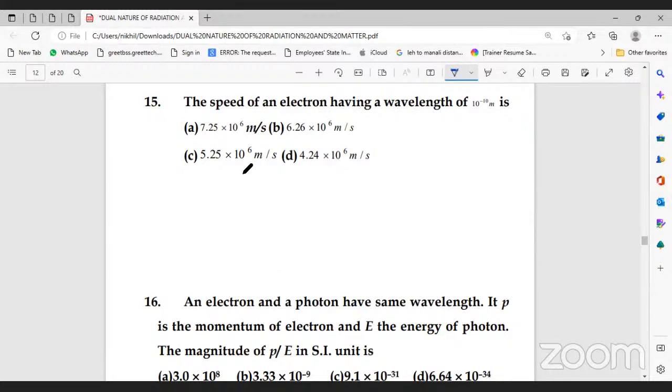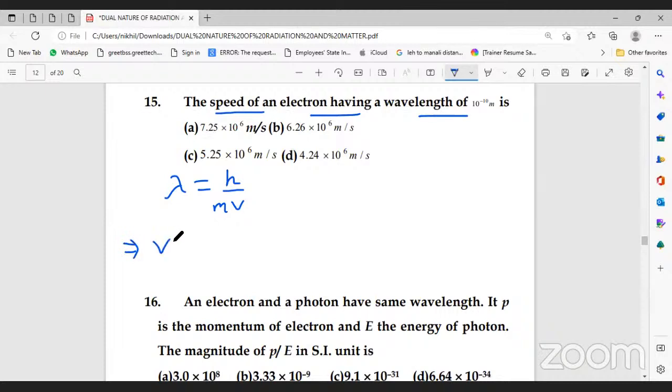Now they are asking you to find the speed of the electron having the wavelength of 10 power minus 10. What is the de Broglie wavelength of an electron? De Broglie wavelength basic definition is given by h divided by mass into velocity.